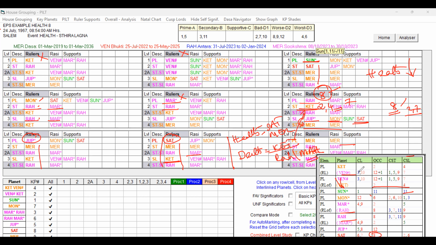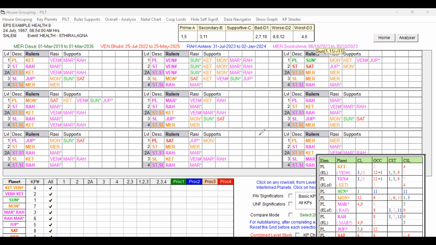Under Rahu, which planets are unfavorable? Let me erase this one. You see, health is deteriorated here in the Sun period. In the Rahu period, Rahu Bhukti, it is supportive for health deterioration, and Rahu is supportive of death. So death because of some danger to longevity is indicated here.